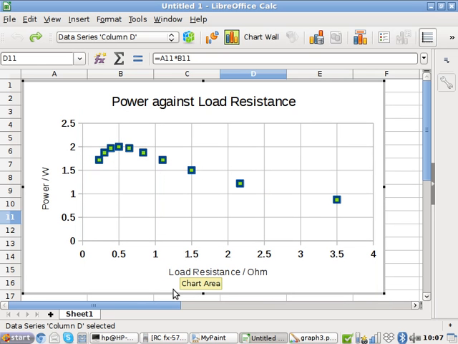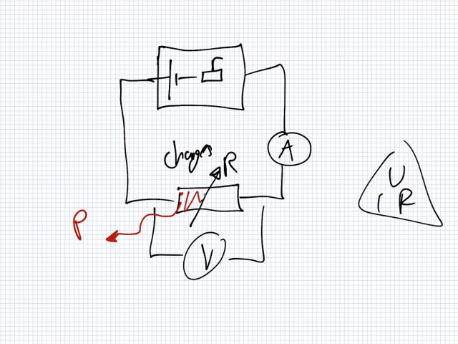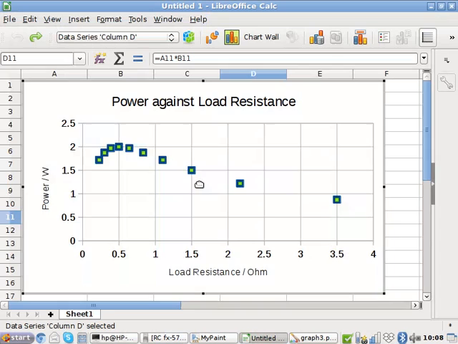Anyways, the point I'm making is you can see this graph clearly increases and then decreases. So when you look at this graph, there actually is a maximum power. There is a maximum power you can get from this resistor. And when do you get the maximum power? Well, here, when the resistance is 0.5.